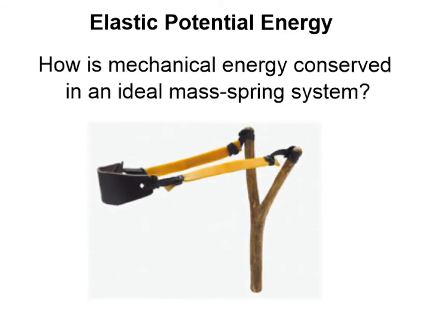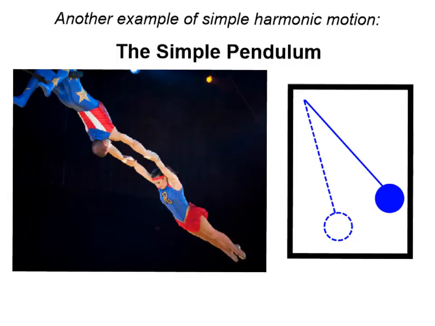So once that object has been released from this slingshot, we know that because of conservation of mechanical energy, the kinetic energy of the object and of this slingshot itself all together is going to be equal to whatever that elastic potential energy was that was originally stored in that slingshot. So as we've seen, the periodic motion of a mass spring system is one example of simple harmonic motion. Let's look at another example of simple harmonic motion, the simple pendulum.